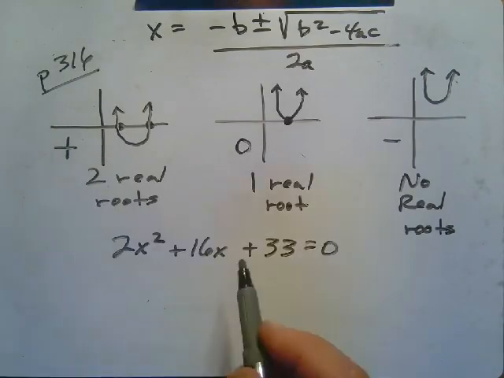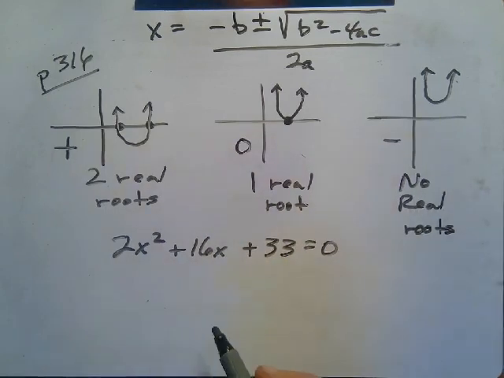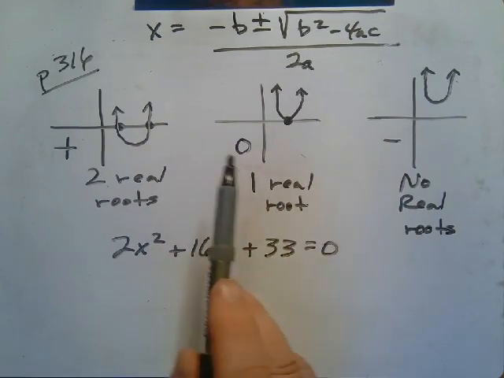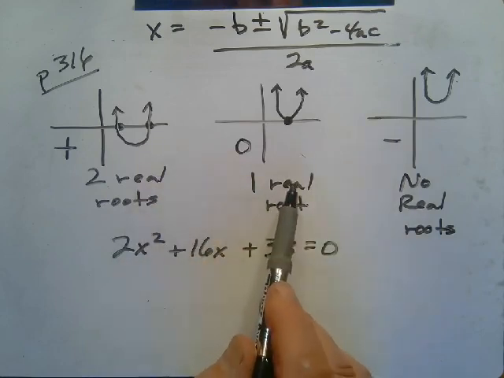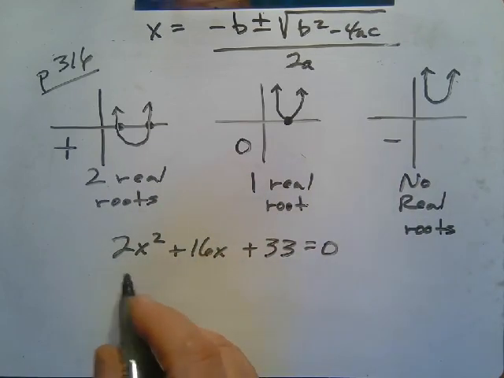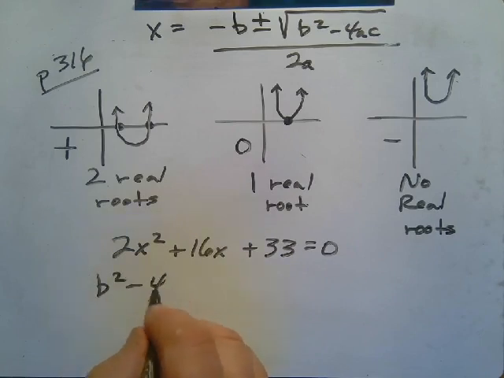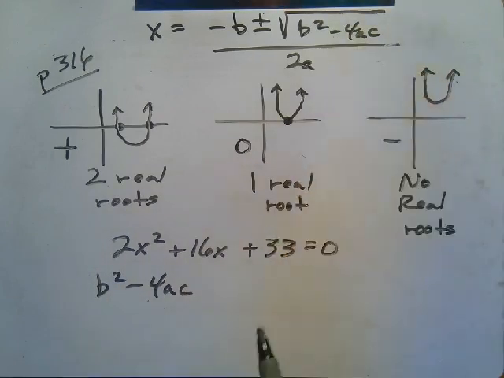All right, let's take this one and find out which of these three situations we're in. We're not interested right now in where the roots are, but whether there's two real, one real, or no real roots. Here we go. We're going b squared minus 4ac. Remember, it's the thing under the radical.